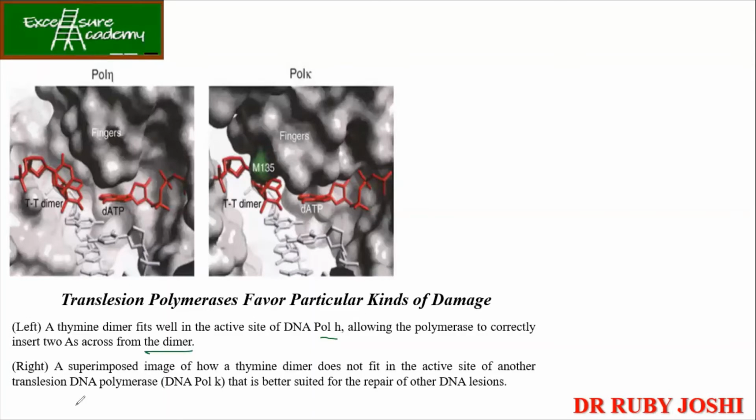Now, can you see what is the problem in kappa, why it is not possible for it to accommodate the thymine dimer? Because of dash. Can you see in the figure? This is like find the difference in the figure, if you have played that game. Akshaya, Tanvi, can you see the difference in the two?